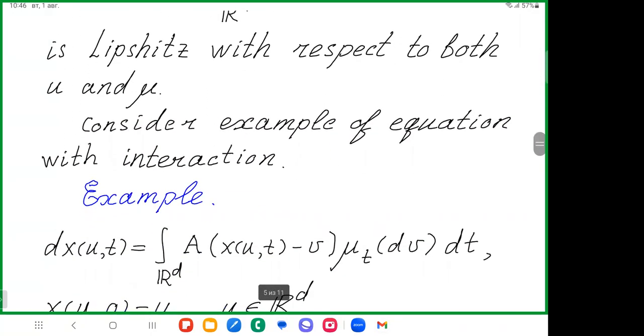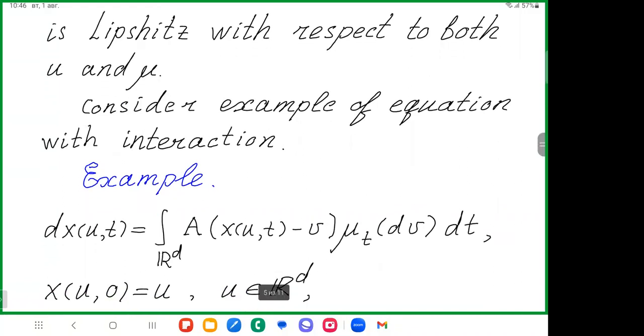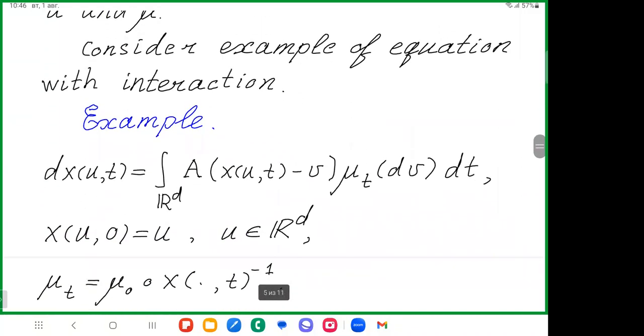Consider the example of a deterministic equation with interaction of the following kind. It is a linear equation. It is maybe the simplest differential equation, which we study when we begin to study differential equations.